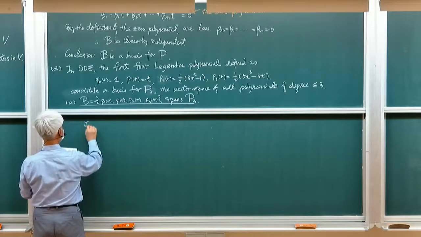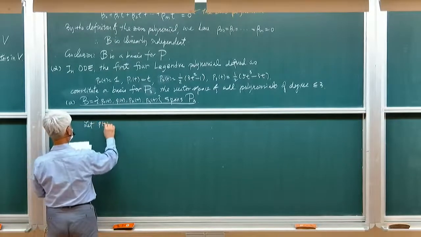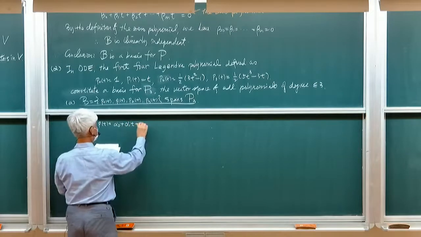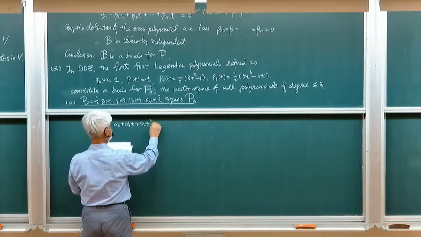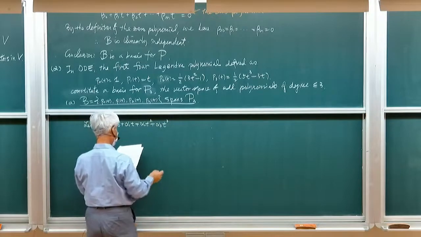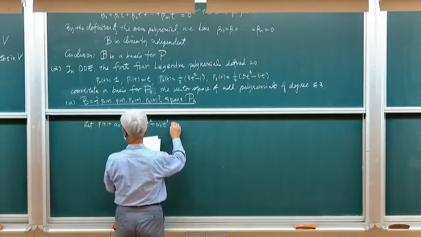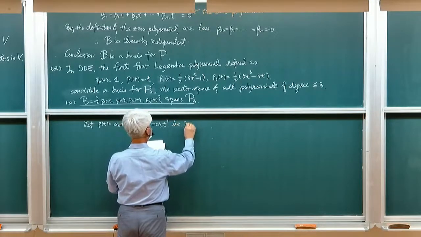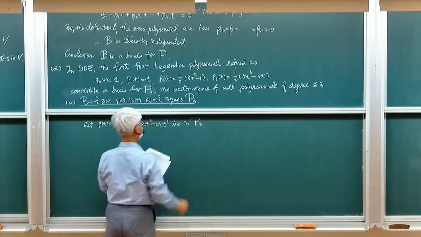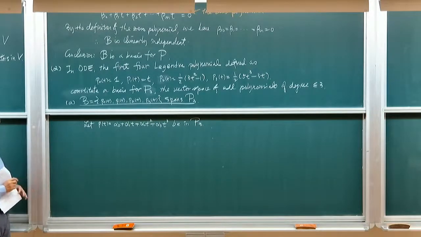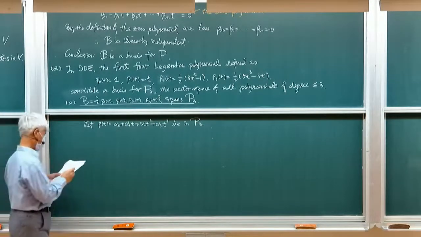Right, so let p(t) equal alpha 0 plus alpha 1 t plus alpha 2 t squared plus alpha 3 t cubed. Right, so we consider a vector in P3.